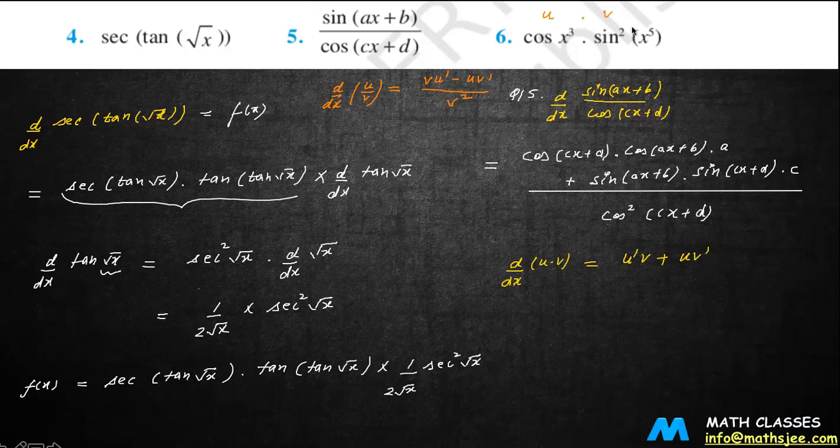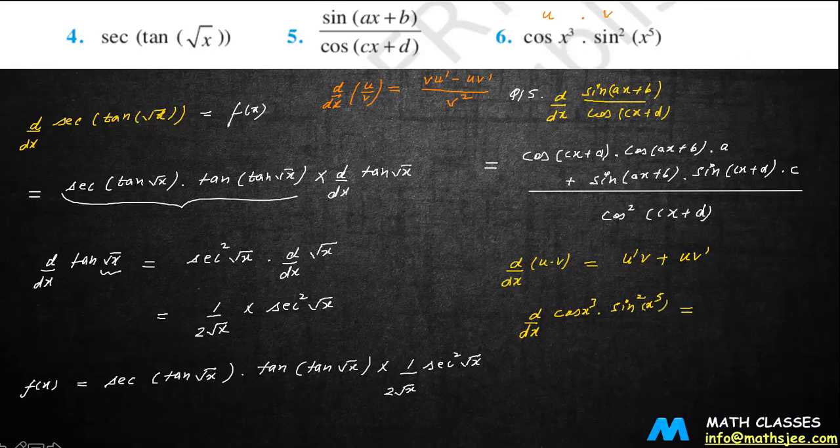But here you cannot write it down in one go. You have to apply the chain rule when you differentiate the second part. So let us try to do this. Here we have d by dx of cos of x cube, and for the first part also you'll have to apply the chain rule.